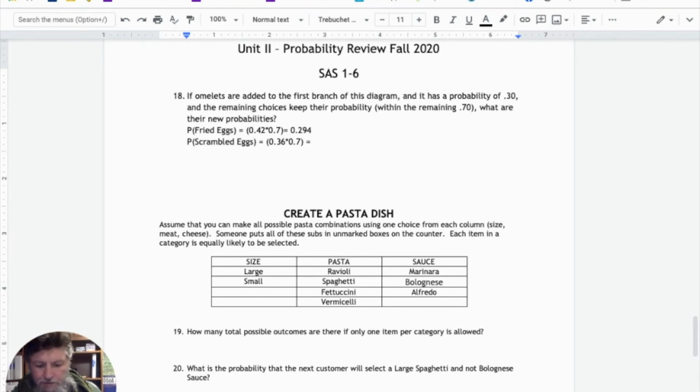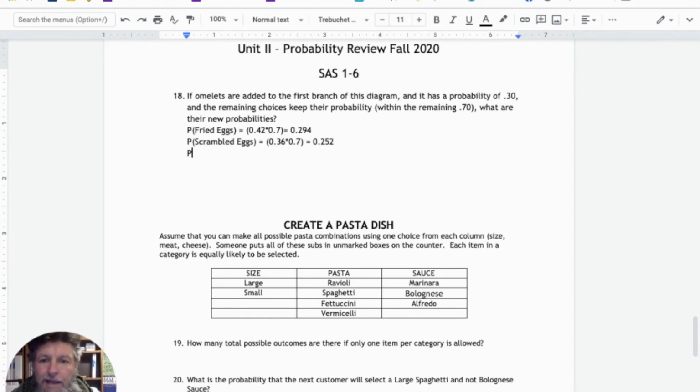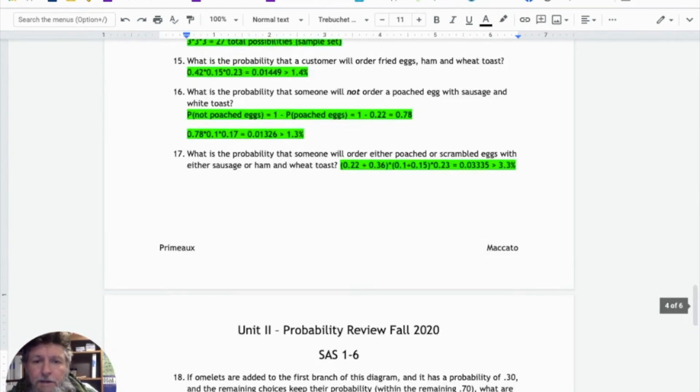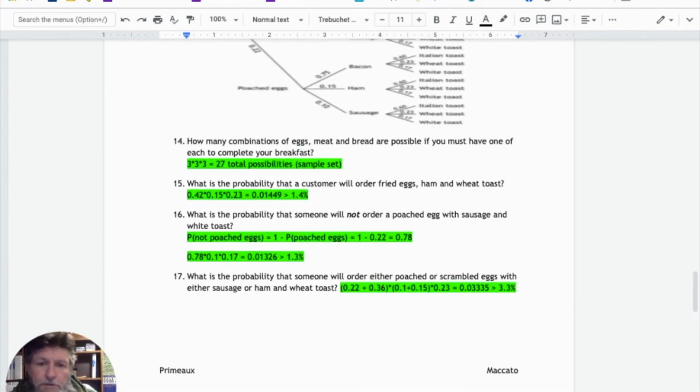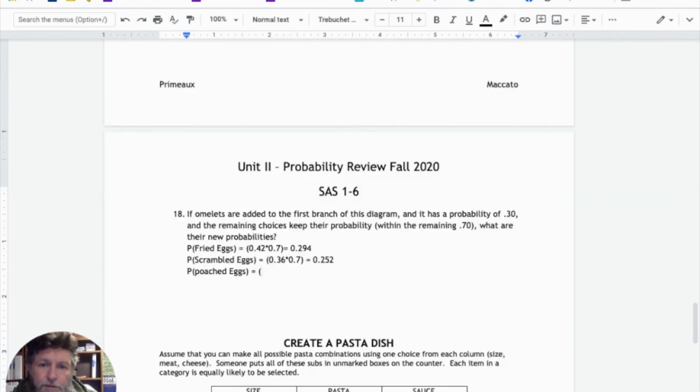The last one, poached eggs, which are by far the most popular eggs. You sense my sarcasm there. We'll go back up here and look. Probability of poached eggs is only 0.22.